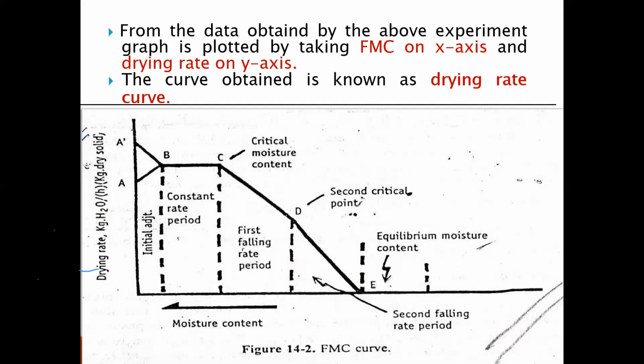During this period, the surface water is no longer replaced by the moisture from the inside of the solids. Understand it? After the surface water is evaporated, the moisture contained inside should come to the outside, to the solid surface. Then we get a continuous process, right?